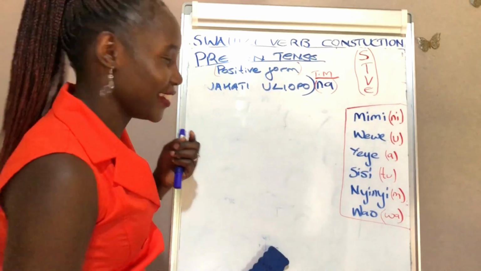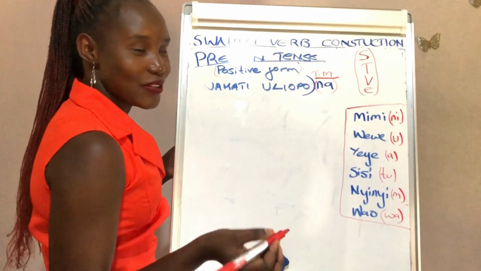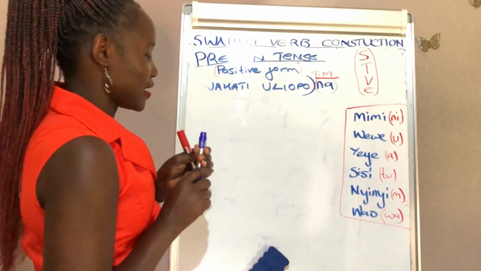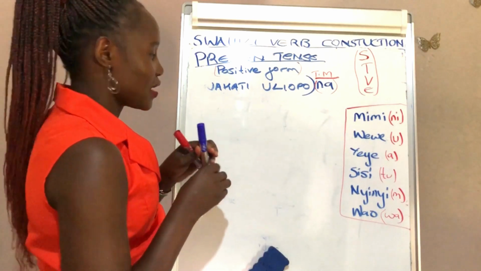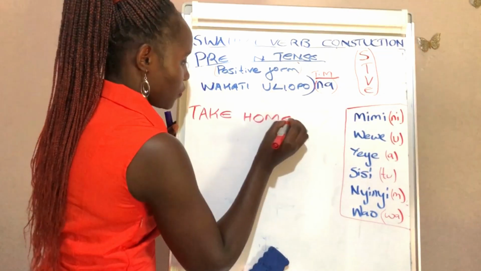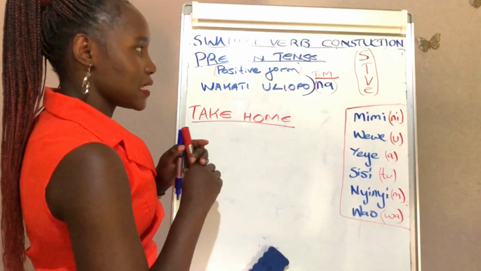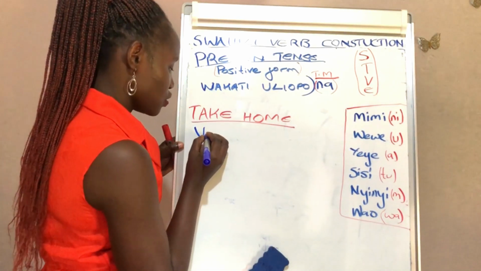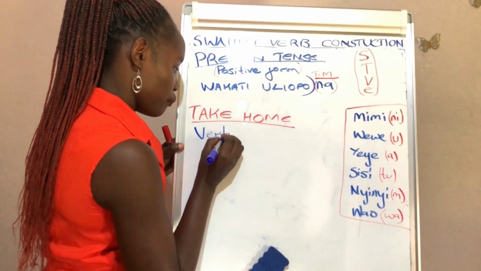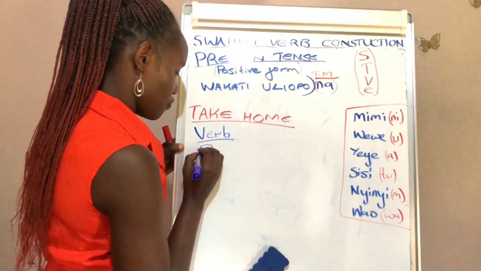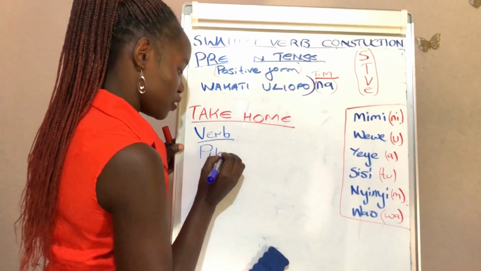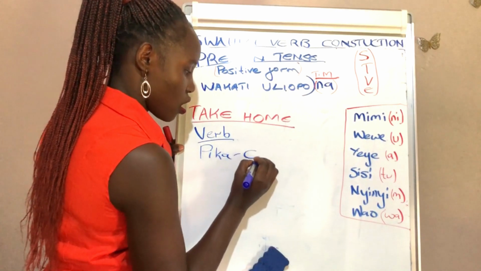Let's see if we have all learned. Construct a present tense sentence using the verb pika, which means cook.